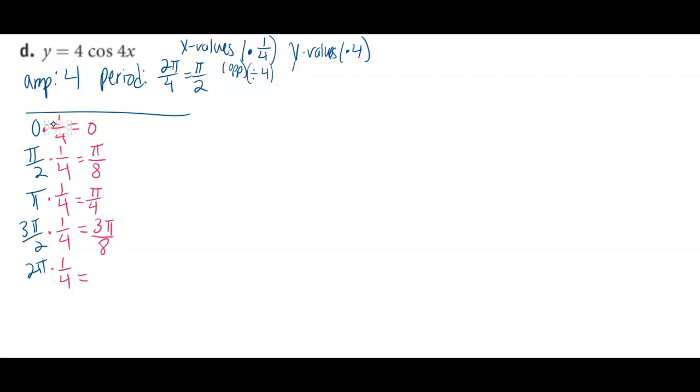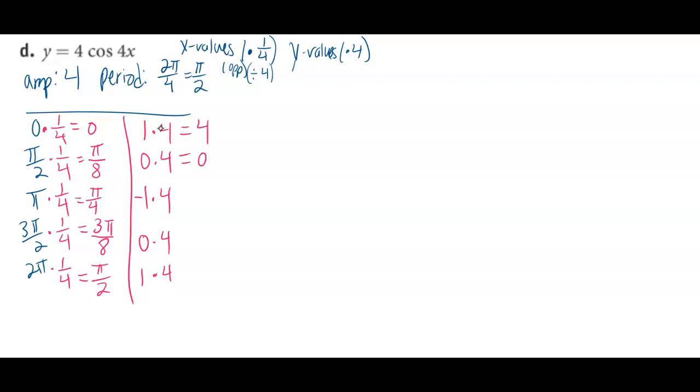Here I've got a 2 pi over 4, which reduces to our period, pi over 2. And then again, those y values, we've got the 1, 0, negative 1, 0, 1. Multiplying those by a. So we've got 4, 0, negative 4, 0, 4.